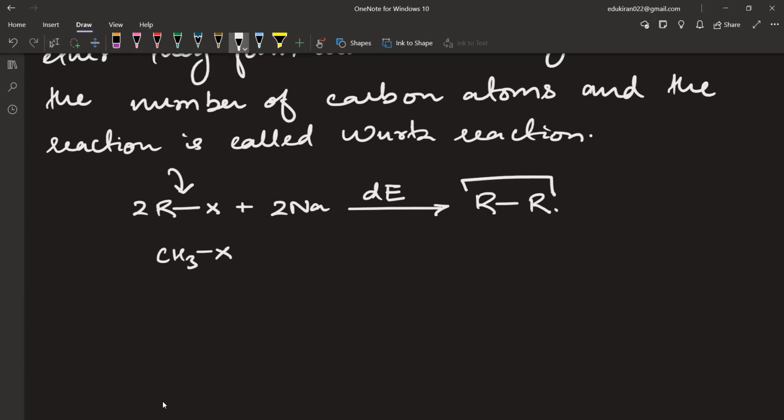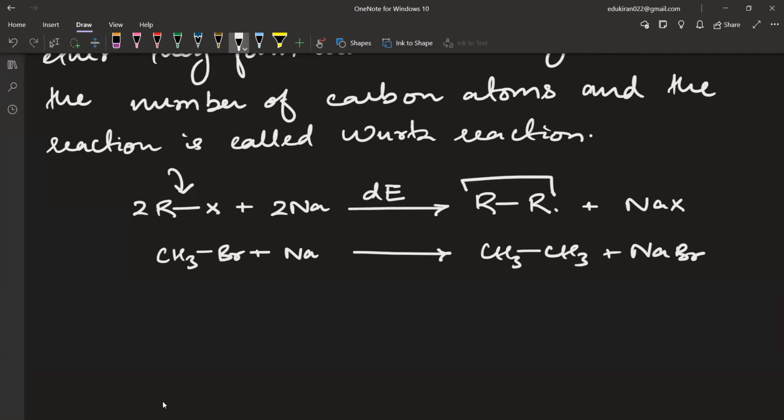Even if I write CH3X and I react this with Na only, then also it is going to give me CH3 plus NaX. In this case, let me take Br here, and it will be NaBr. This reaction is correct reactant-wise and product-wise, but it is not stoichiometrically correct.